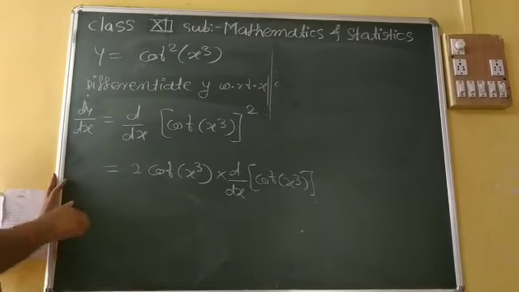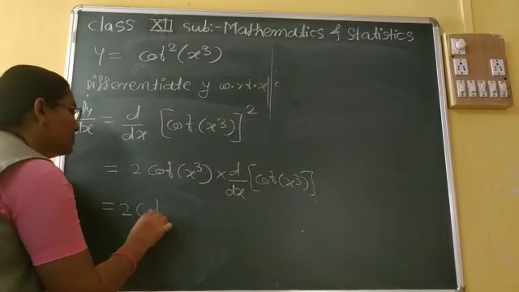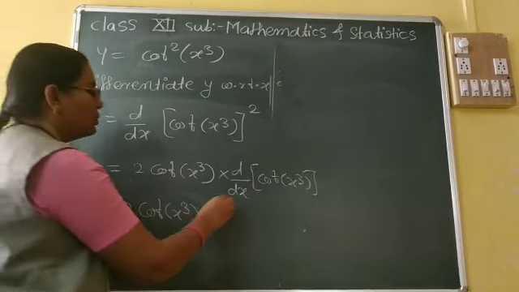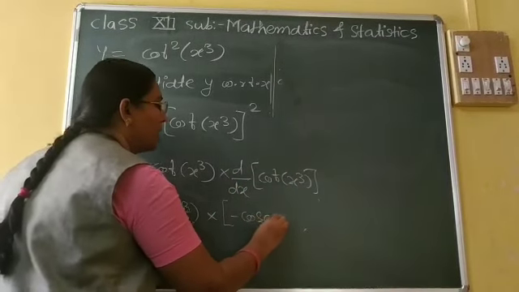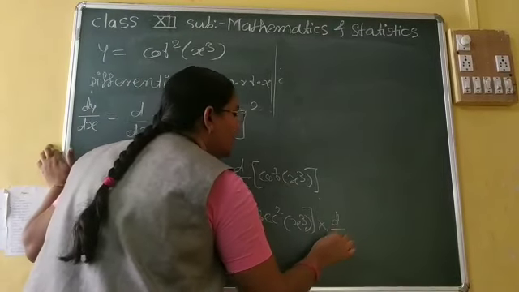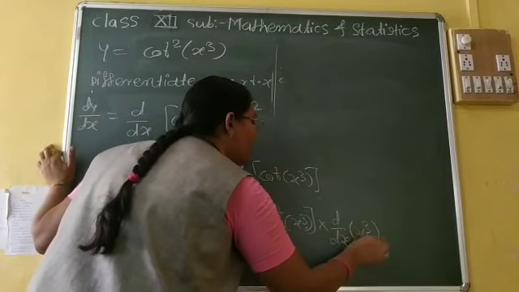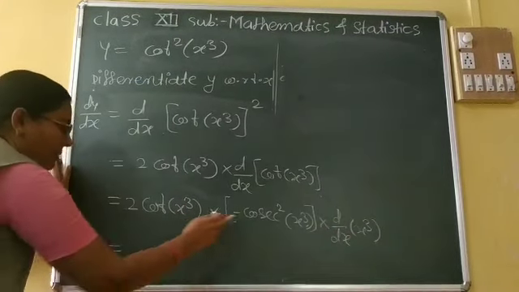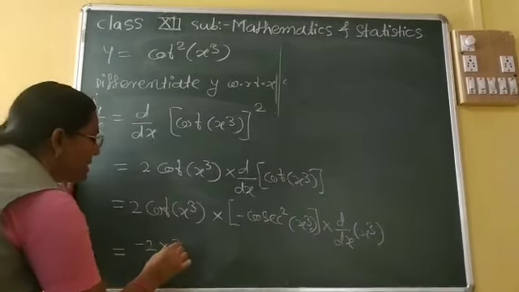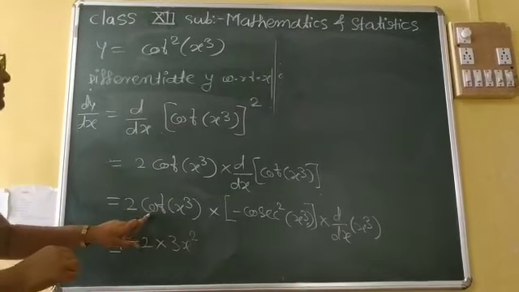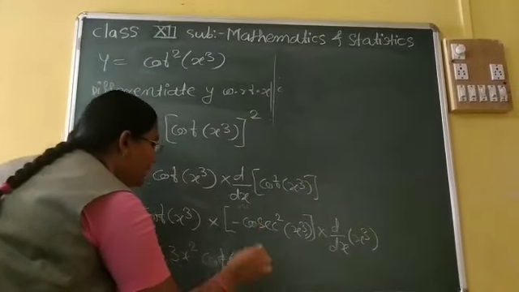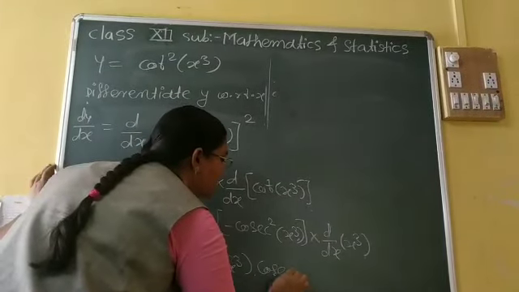Derivative of cot of x cube is equal to 2 into cot of x cube as it is. Derivative of cot means minus cosec square of x, that means x cube, and take the derivative of d by dx of x cube. It becomes minus sign here, that is minus 2 into derivative of x cube, which is 3 into x square, cot of x cube into cosec square of x cube.